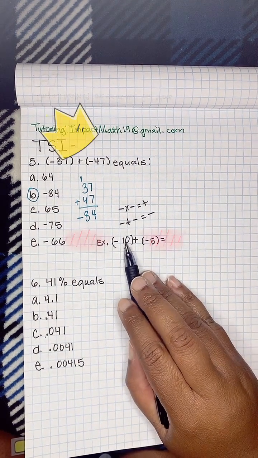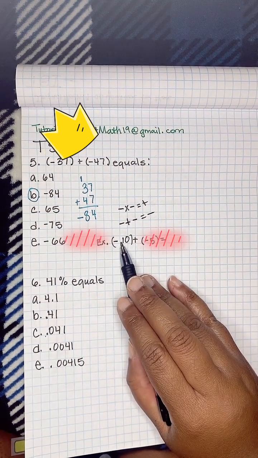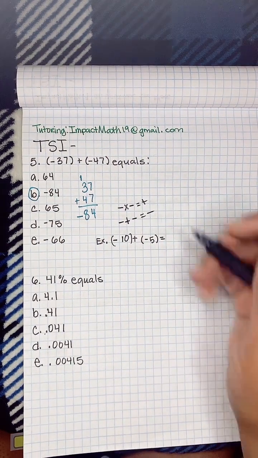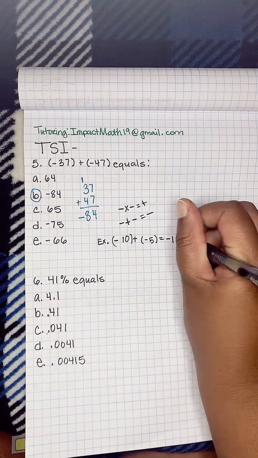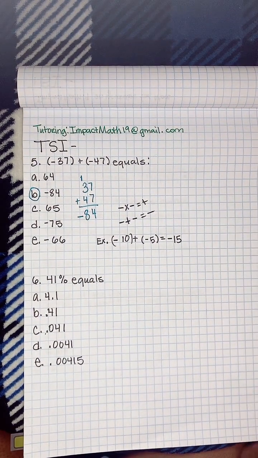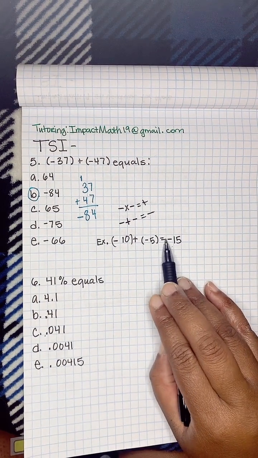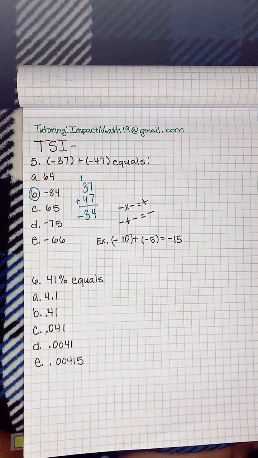Yes. Somebody borrowed $10 from you, then you said, let me give you 5 more. So how much do they total owe you? They owe you negative $15. Don't forget that negative, because they owe. They're not positive 15, they owe you 15.